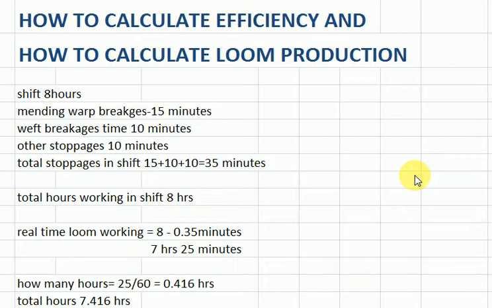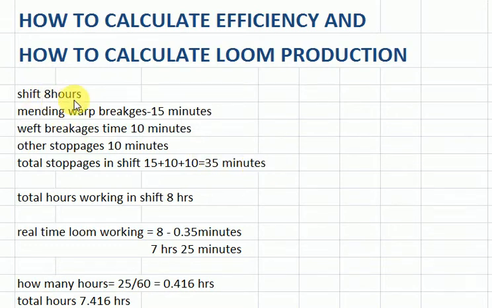So I just take an example here: mending warp breakages for 8 hours I take 15 minutes, weft breakages 10 minutes for 8 hours, and other stoppages of the loom 10 minutes for 8 hours. Total stoppage of the loom in 8 hours, 10, 10 and 15, so it is 35 minutes loom stoppage for 8 hours.